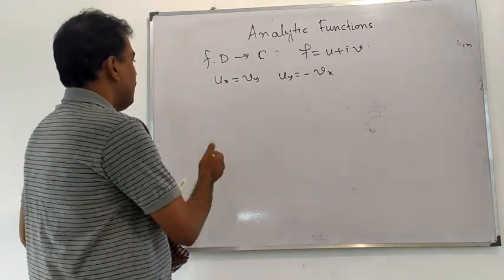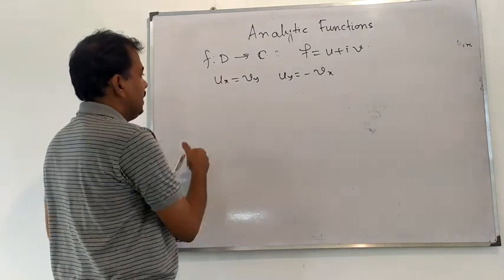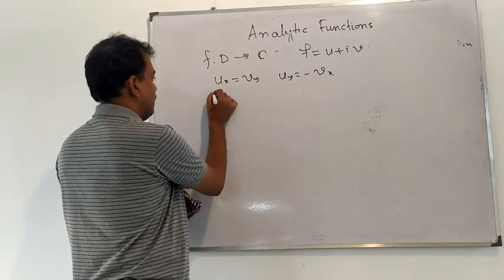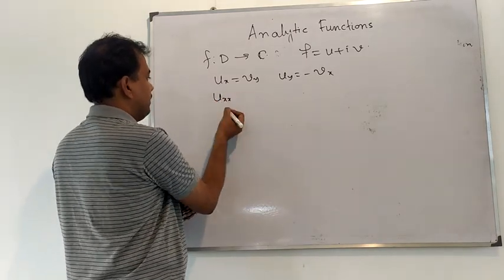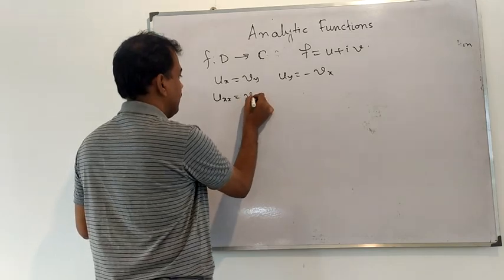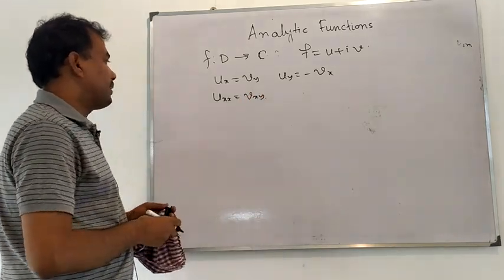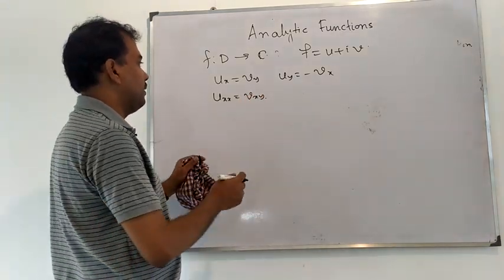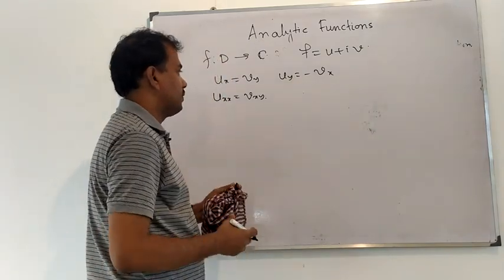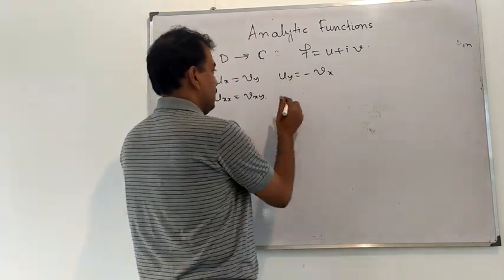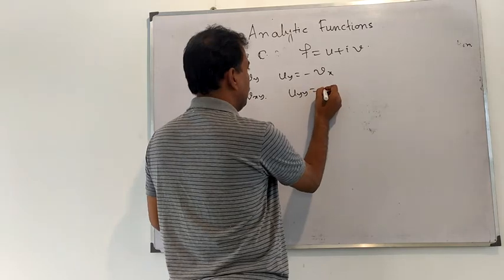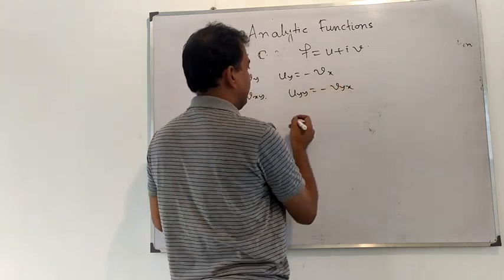Now, differentiating partially with respect to x, we get uxx equal to vxy, and differentiating partially with respect to y, we get uyy equal to minus vyx.